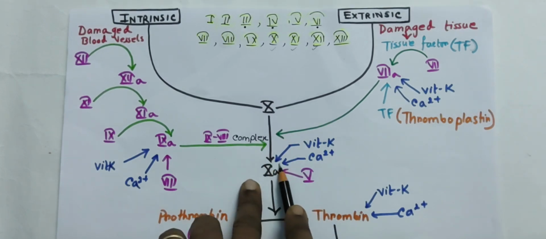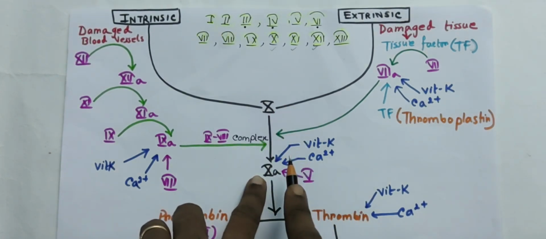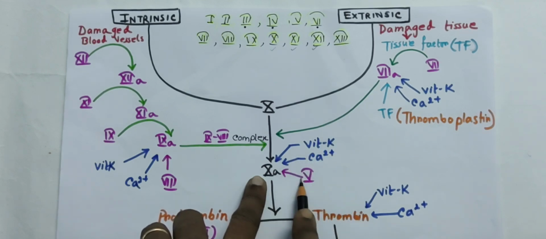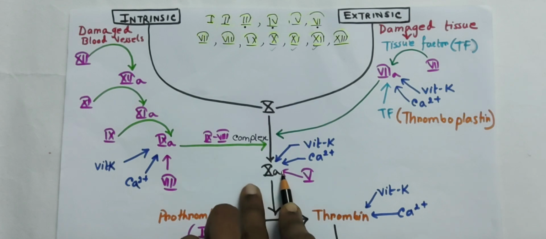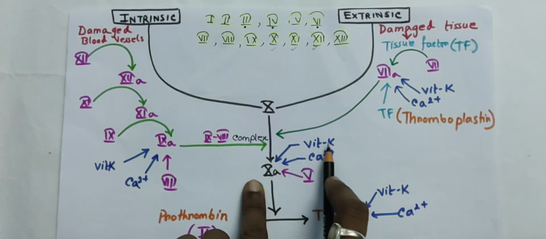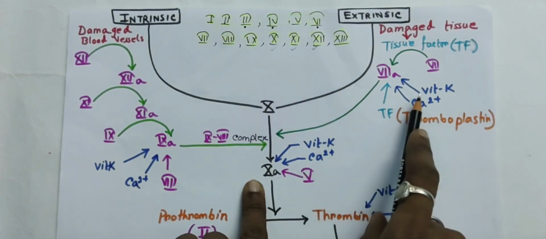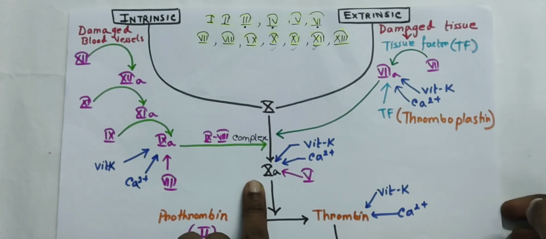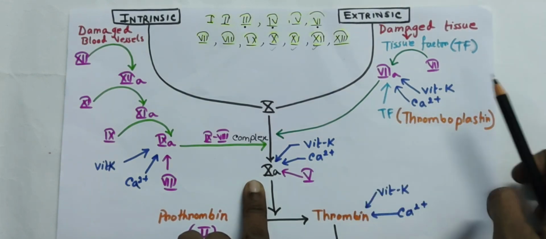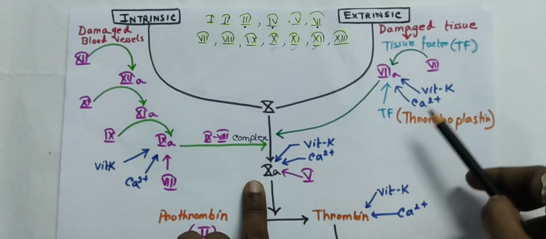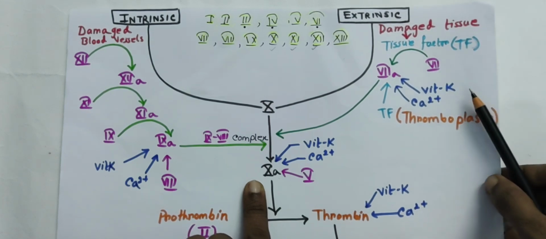Factor 10 gets activated by vitamin K, calcium and factor 5. So we can understand that vitamin K and calcium are very important for the blood clotting steps, because the factors are activated by the presence of these two substances.